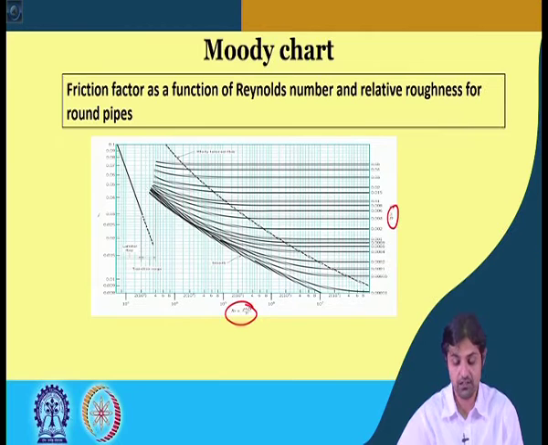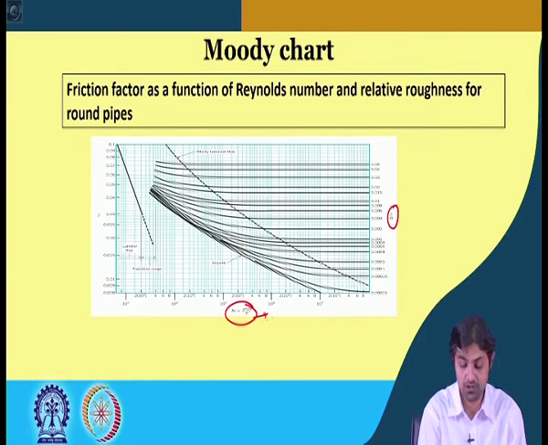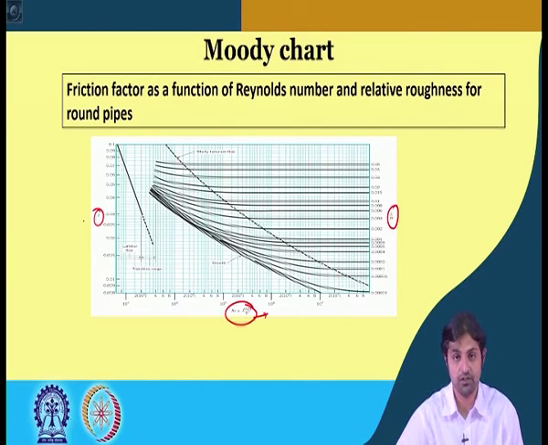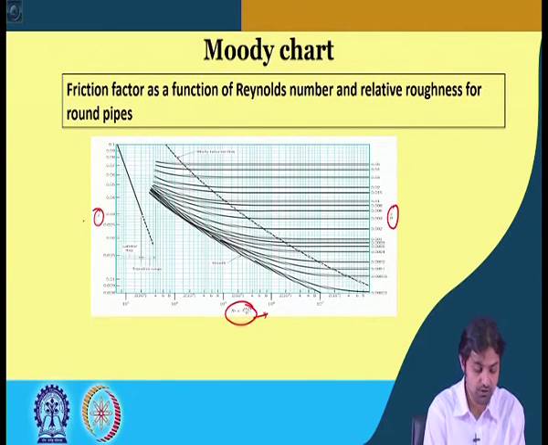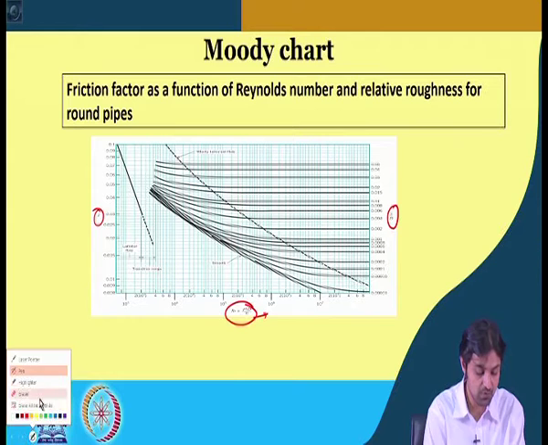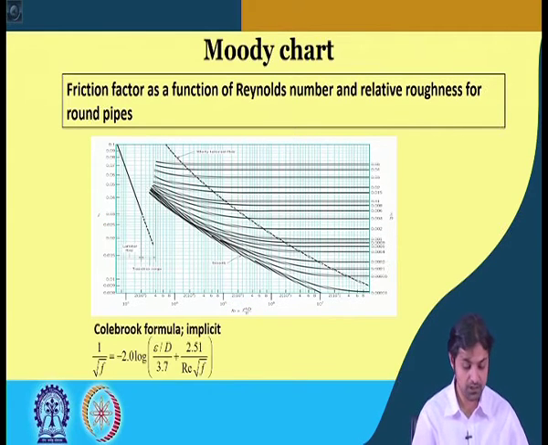However, for this course, if you are given this Moody chart, you should be able to find a corresponding Reynolds number and a corresponding epsilon by d line here, and then go ahead and find out the respective friction factor F. But for your convenience, I am going to provide you two formulas.